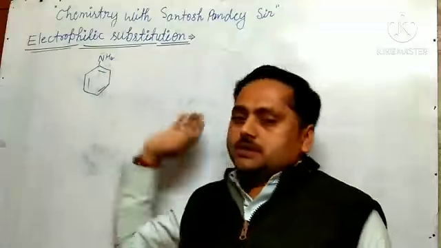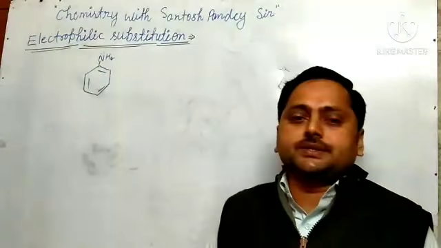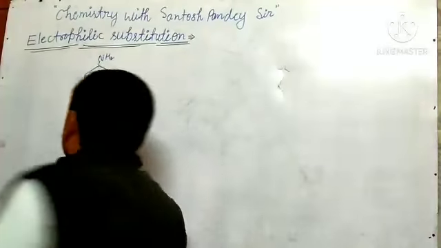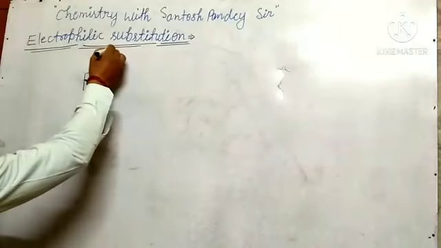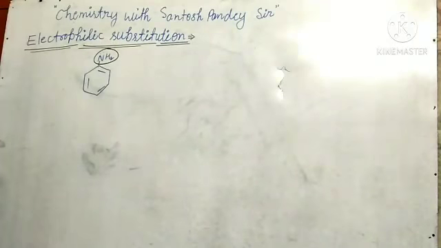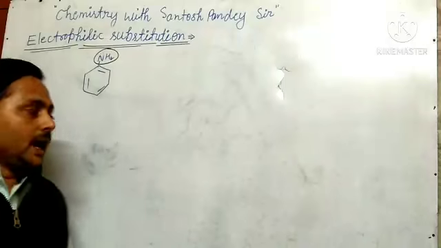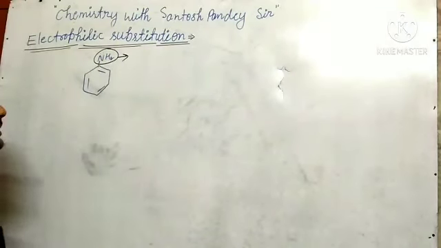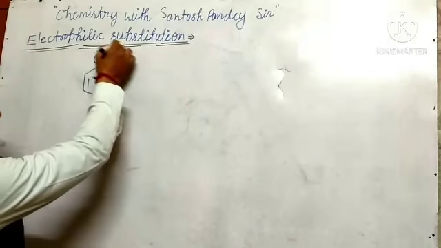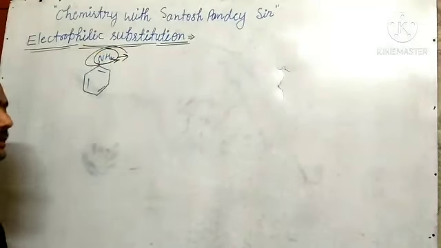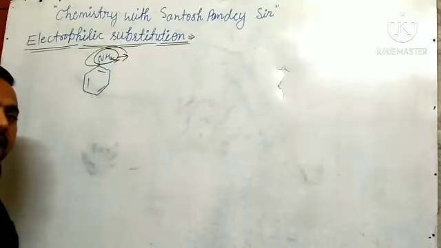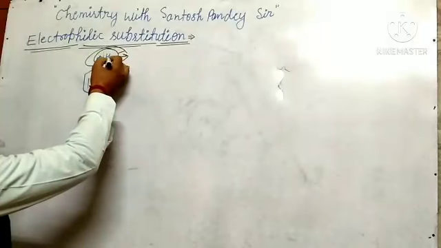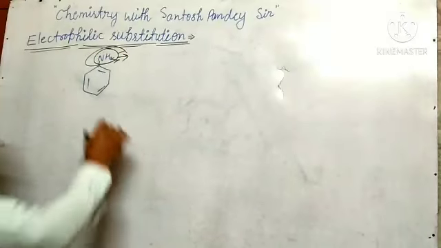If we write the resonance structure, we will see electron density is higher at the ortho and para positions. This group increases electron density at the ortho and para positions, so it acts as an activating group and also as an ortho para directing group.